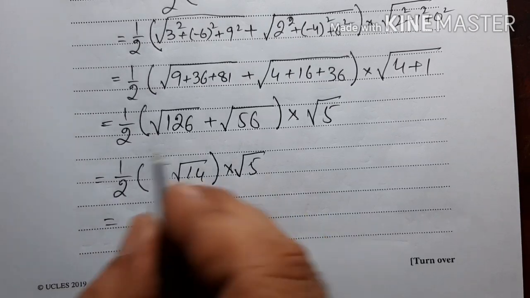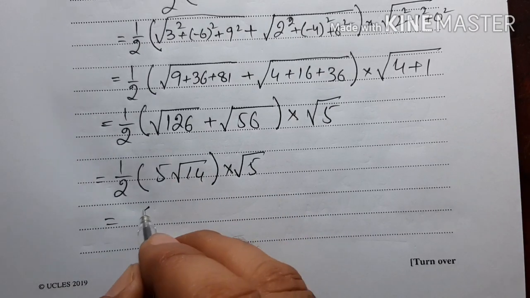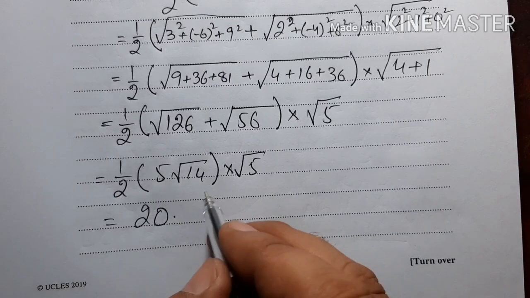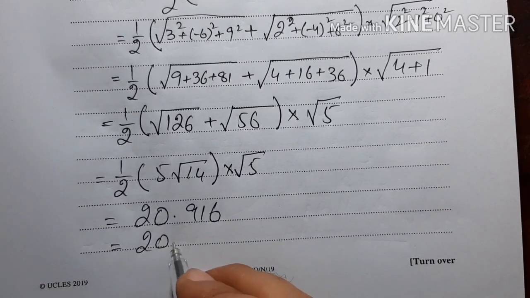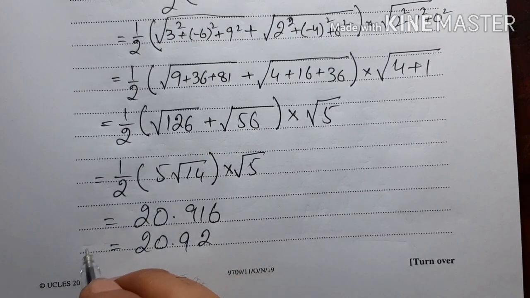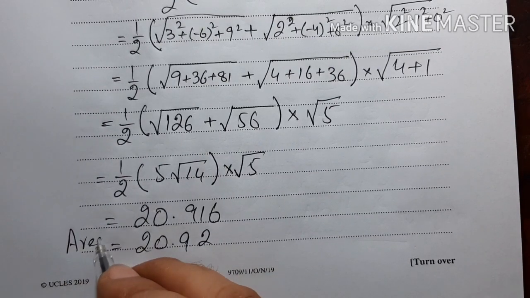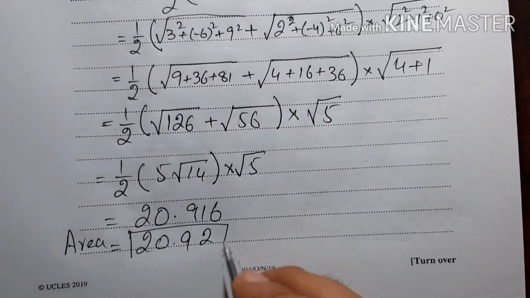And by solving all this, you will get 20.916, which is 20.92 area. This is our answer.